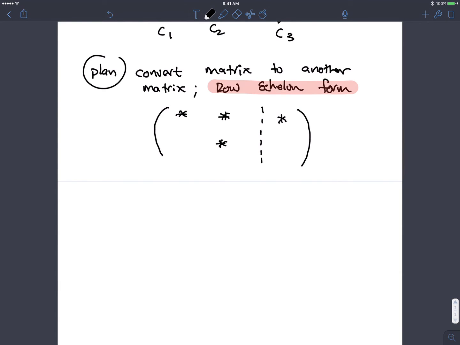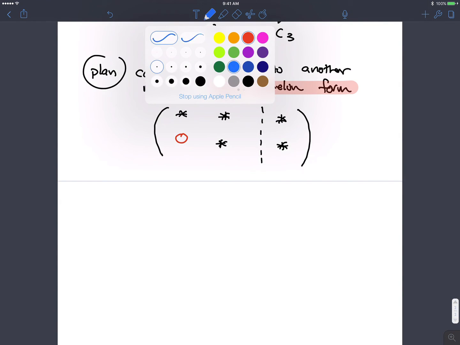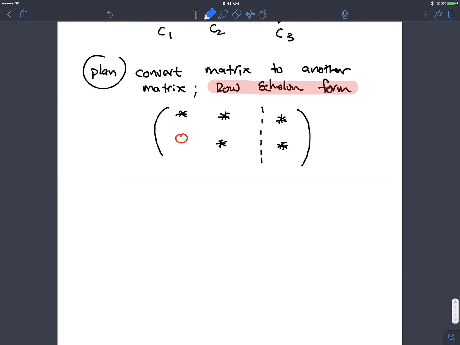This is just going to sketch kind of a picture of a matrix in row echelon form. But I want to emphasize that this entry must be 0. Now go back again. Remember, what entry is that? This is row 1. This is row 2.